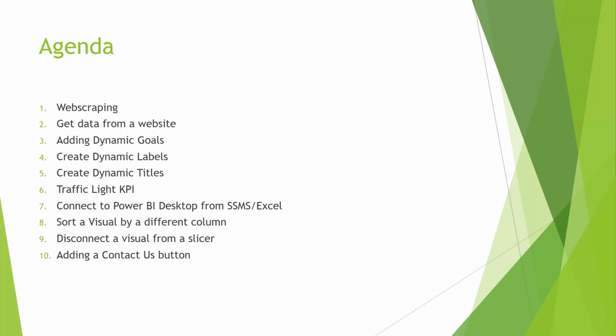Then how to add dynamic goals, dynamic labels, dynamic titles and traffic light KPIs. And the last 4 are a bit easier ones. How to connect to the Power BI desktop model once it is open via Excel. I'll show you mostly Excel. And how to sort a visual by a different column, disconnect a visual from a slicer, and add a contact us button.